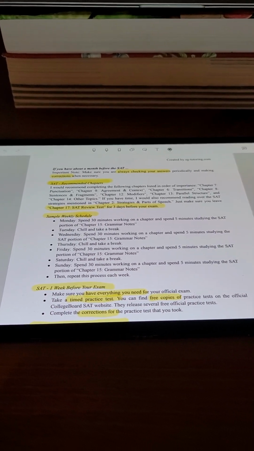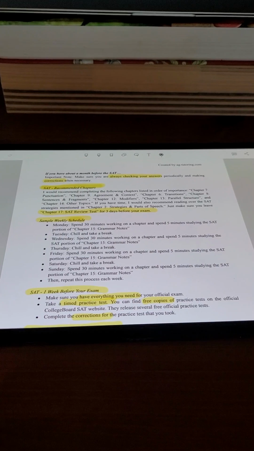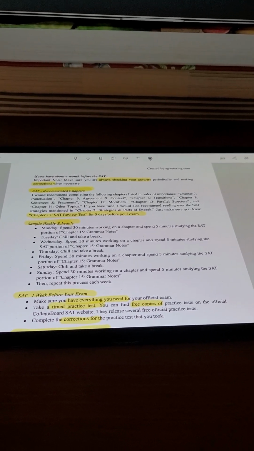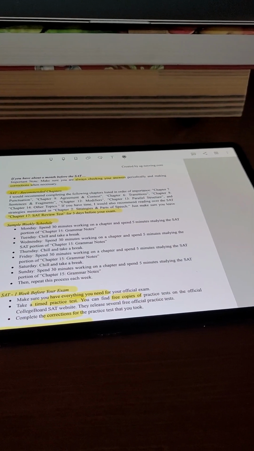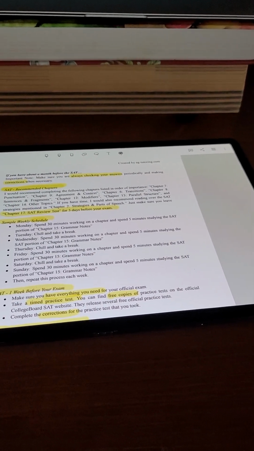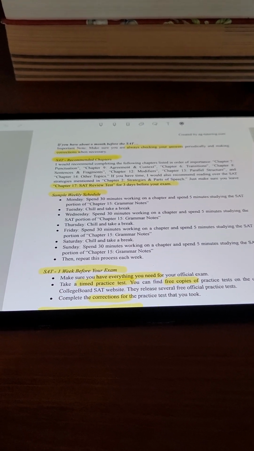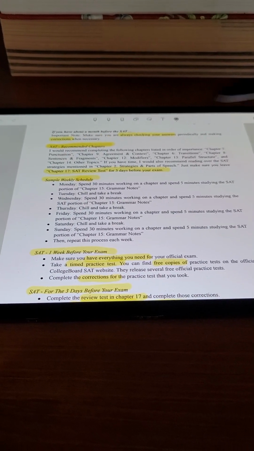I hesitate saying all, because I could have forgotten something, you never know. But basically, the majority of the concepts that you need to know are wrapped up into one efficient test so that you're reminded of those concepts right before you take the exam. That's why you should wait 3 days before the exam to do that. And then here's a sample weekly schedule, and you need to spend 30 minutes.